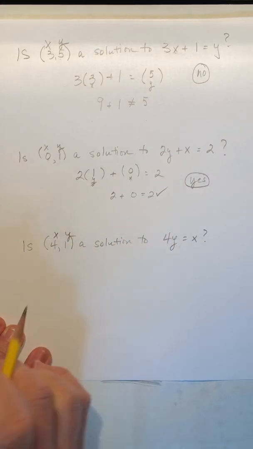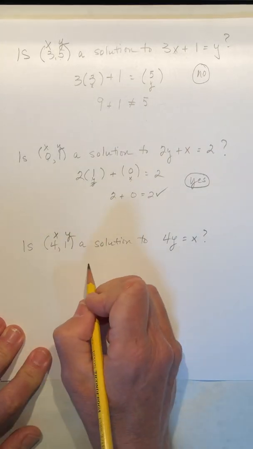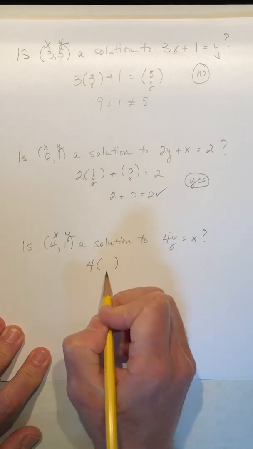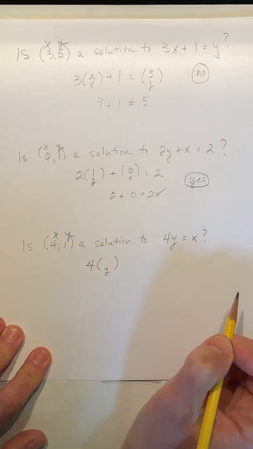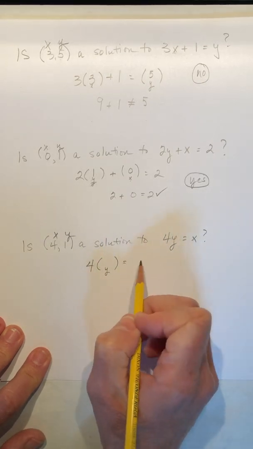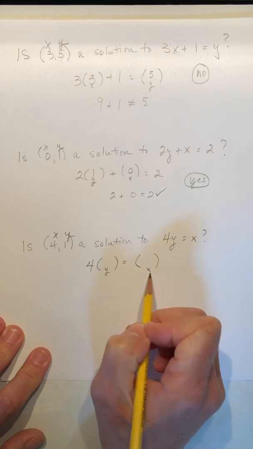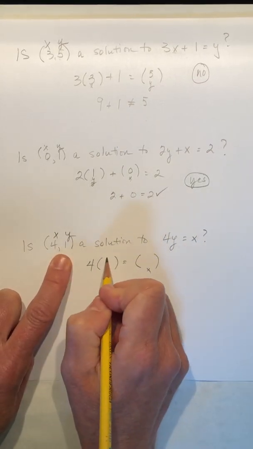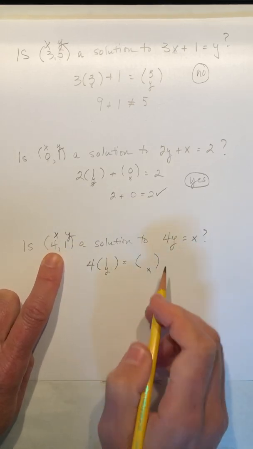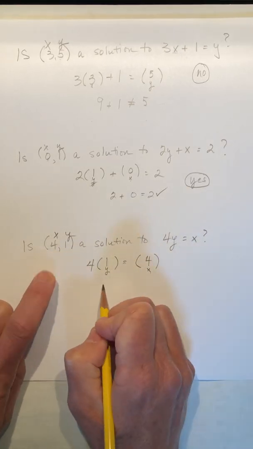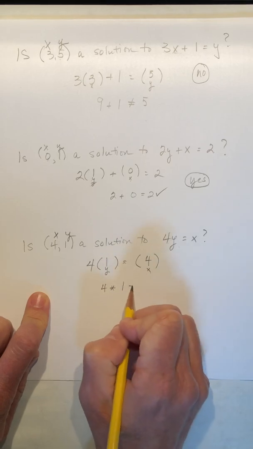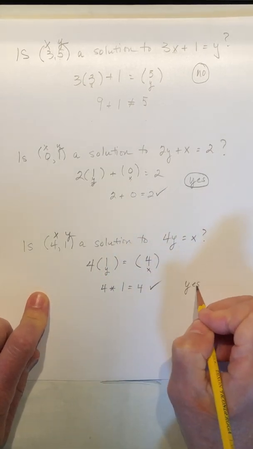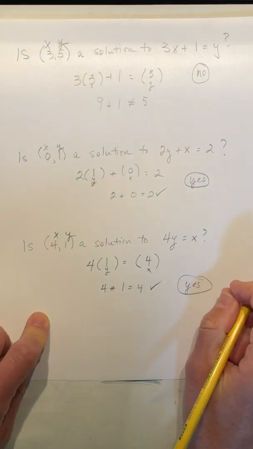Is that equation true? All right, here we go. So instead of 4y, it's going to be 4 times my value for y equals my value for x. And let's see, if y is 1 and x is 4, 4 times 1 certainly equals 4. So again, this is a yes.